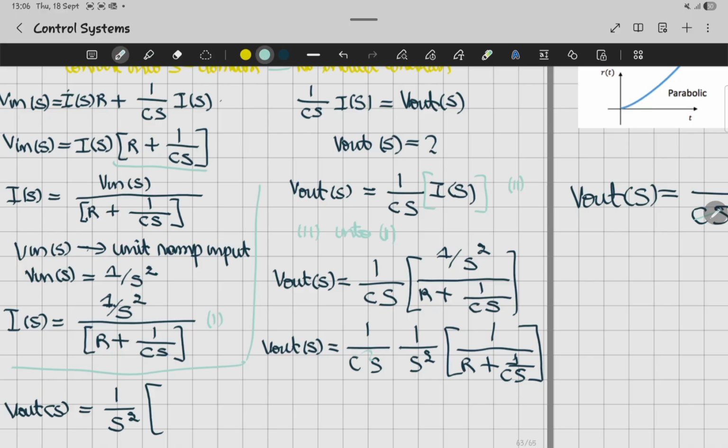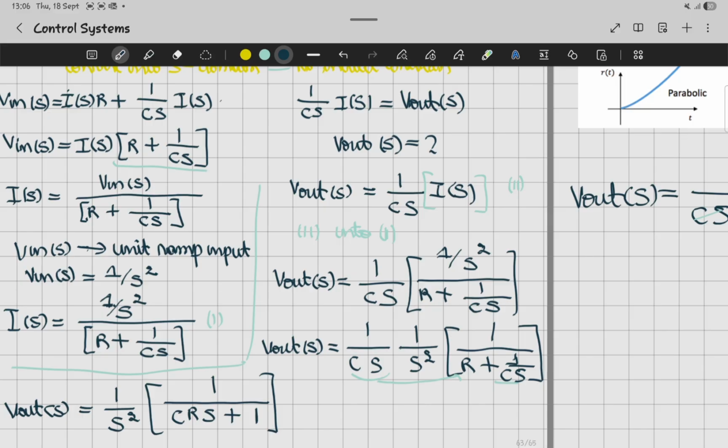I'm going to move this part inside, so then I can simplify with the other functions. It's going to be 1 over CRS plus 1. Okay, this is what I'm going to get here.